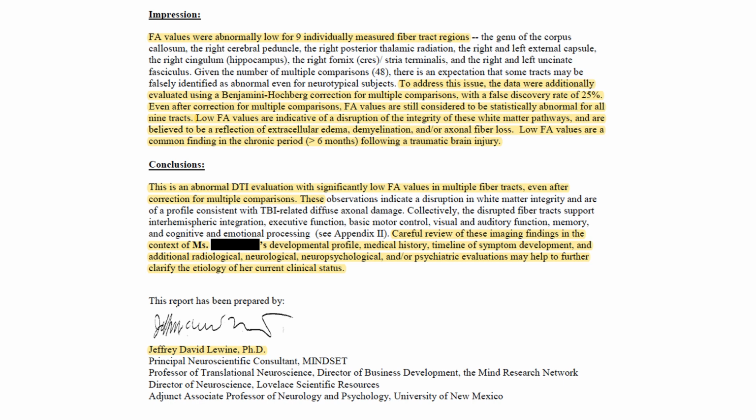So now that we've looked at the graphs, what's the meat of the coconut? What do you really have to derive from our evaluation? Well, first we're going to say the FA values were abnormally low for 9 individually measured fiber tract regions. And then there's an issue that's more statistical that we evaluate, and that's the issue of multiple regions.